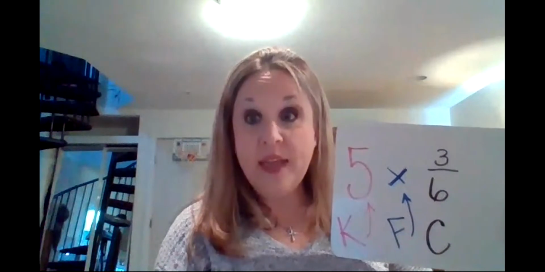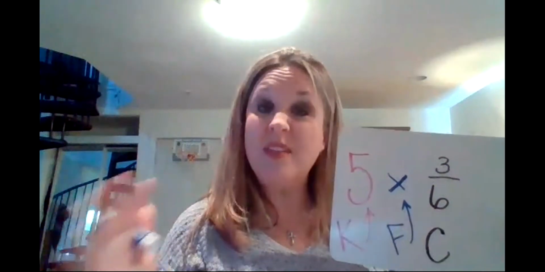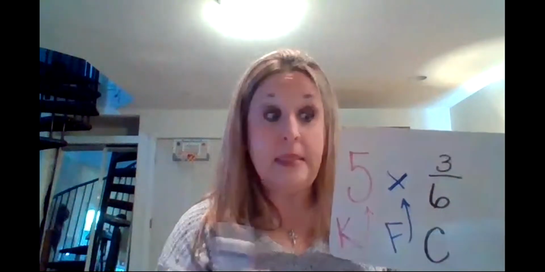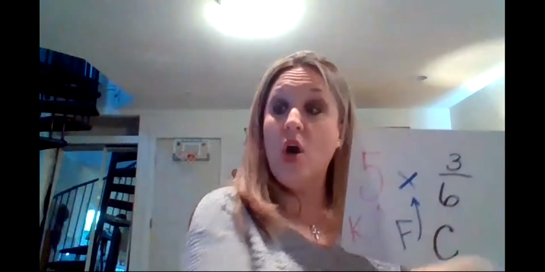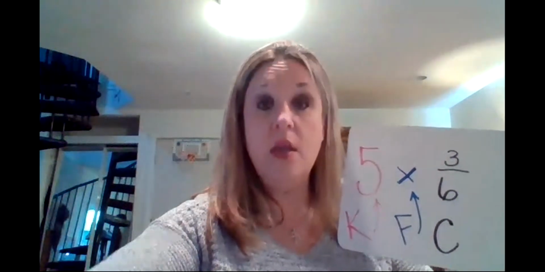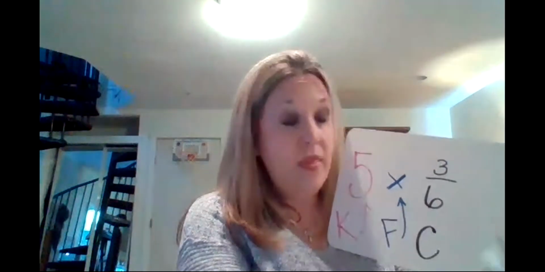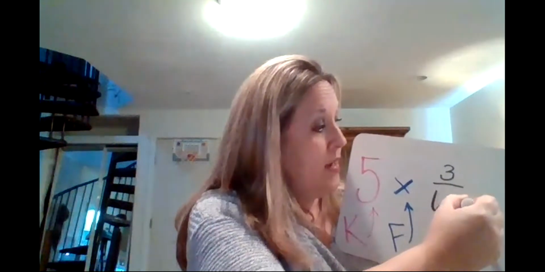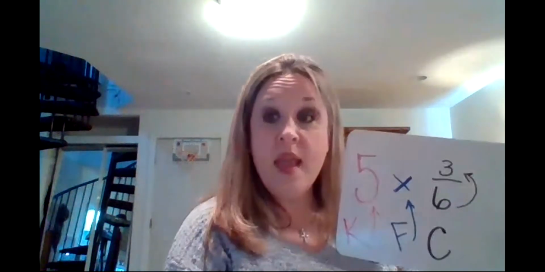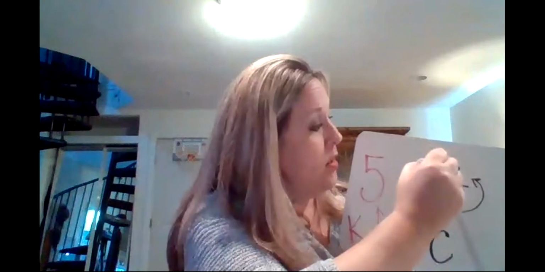Now, the last part is the trickiest. It's the part that makes the least sense, but it works, and it's called change. When we change the last part of the equation, we must take the bottom number, the denominator, and bring it to the top. And then I'm going to take my numerator and bring it to the bottom.